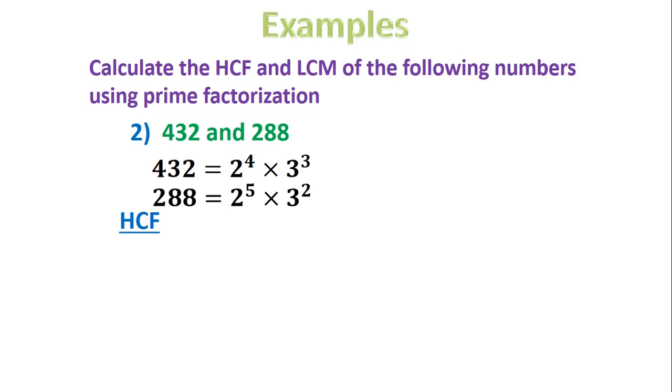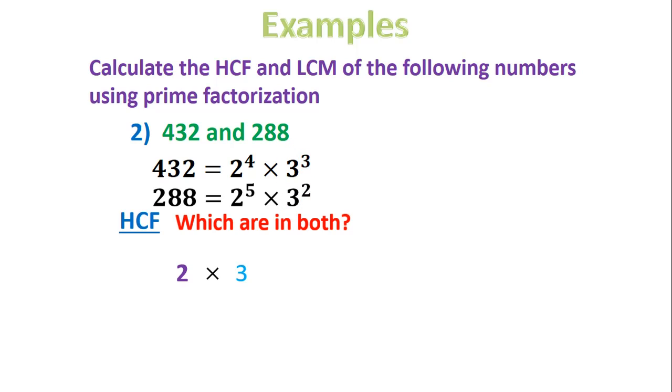So, highest common factor. Remember, highest common factor is which appears in both. Okay, which are in both. Now, 2's are in both, so it's 2, and 3's are in both, so it's times 3.